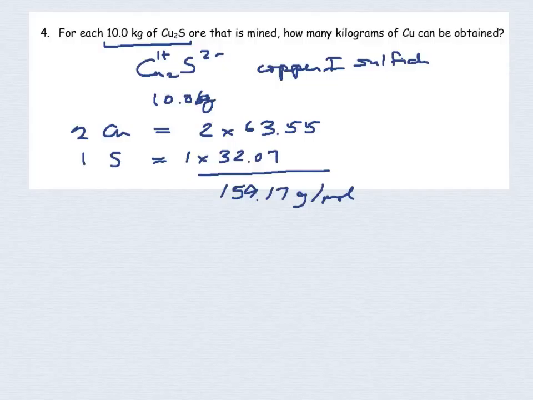This is simple: we know how much compound we have, and how much specifically of the compound is copper. We take our copper amount, which is 63.55, we times it by 2, and that's going to give us 127.1 grams in total out of the 159.17, and figure out the percent.